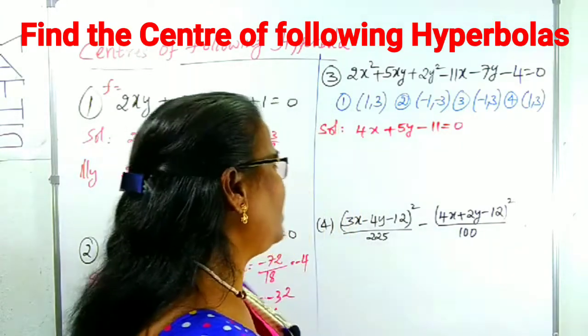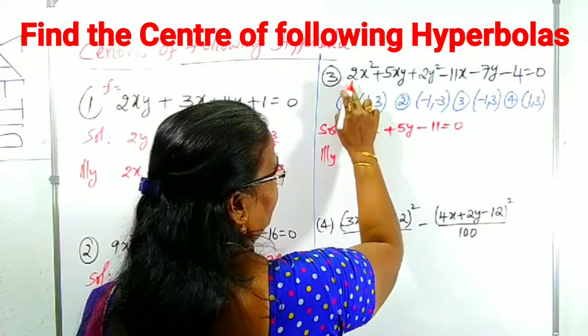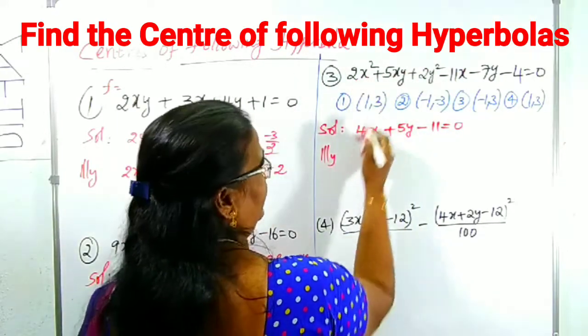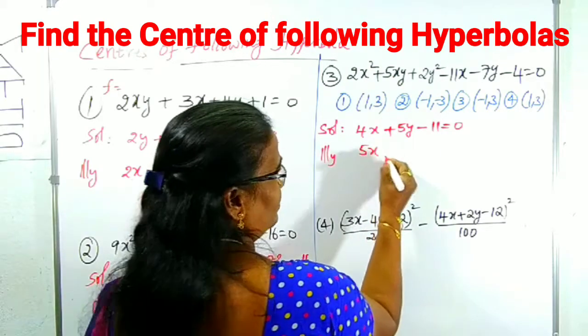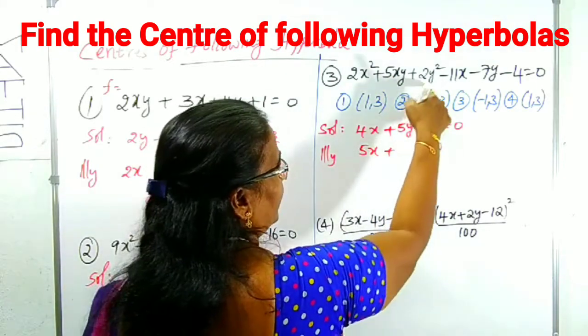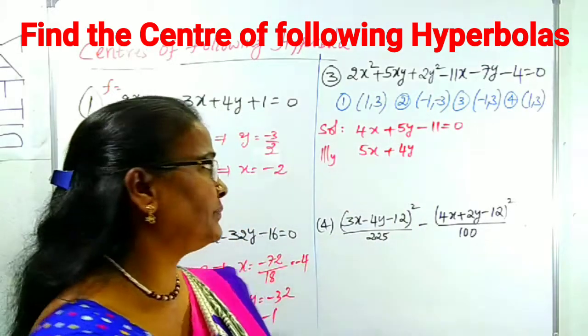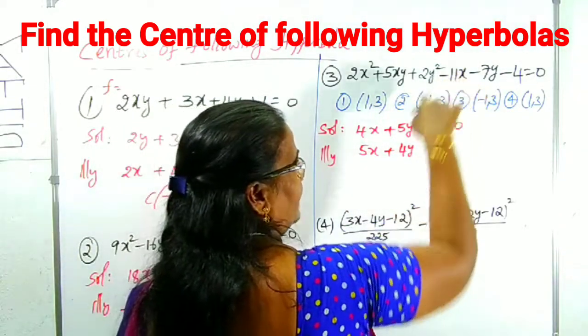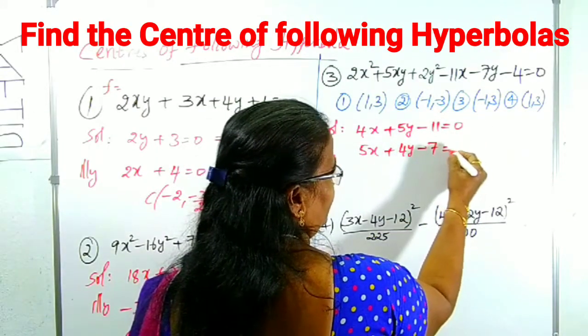Clear? Now, similarly, we can differentiate with respect to y. X is constant, 2x square derivative 0, 5xy derivative 5x with y derivative 1, plus 2y square derivative 4y, because y square derivative is 2y, minus 11x derivative 0, minus 7y derivative is minus 7, is equal to 0.